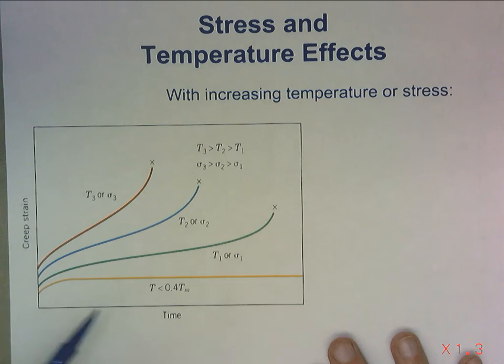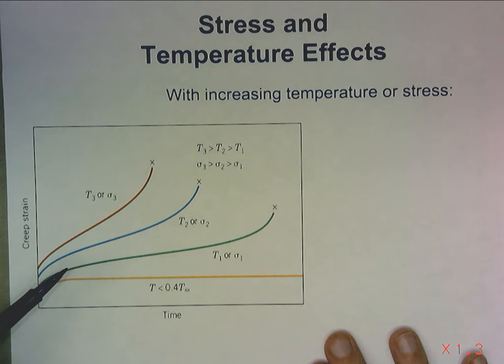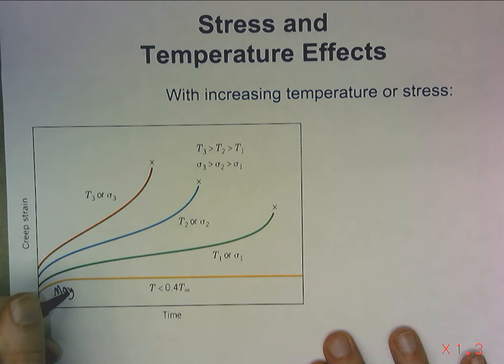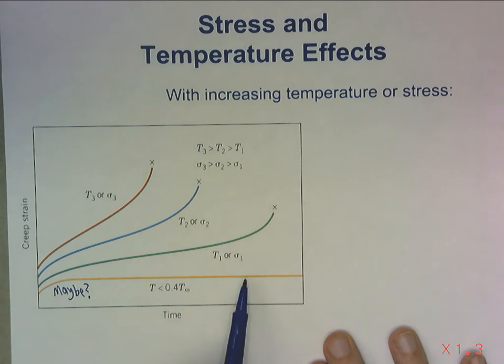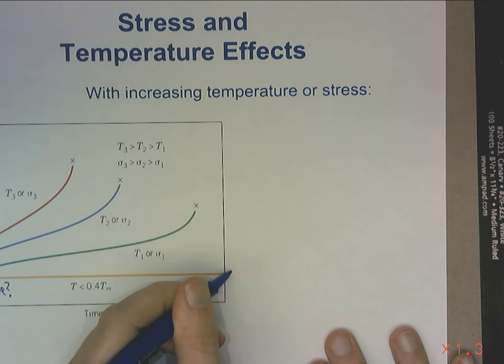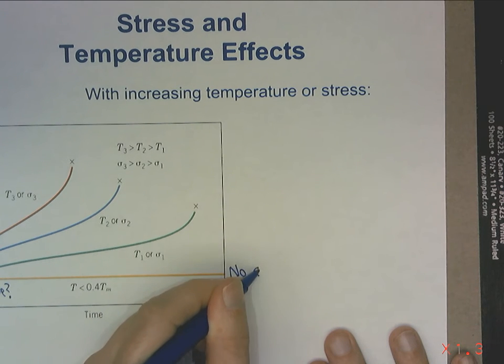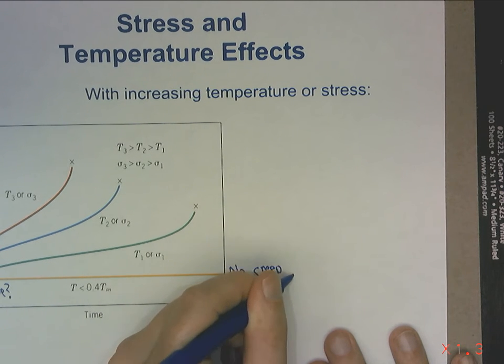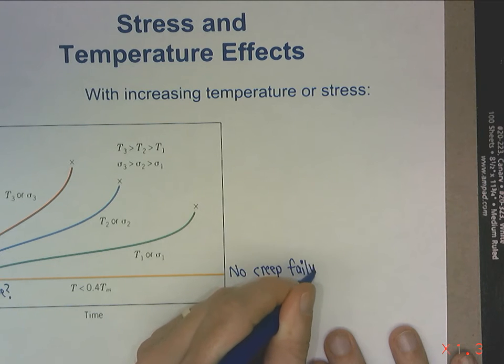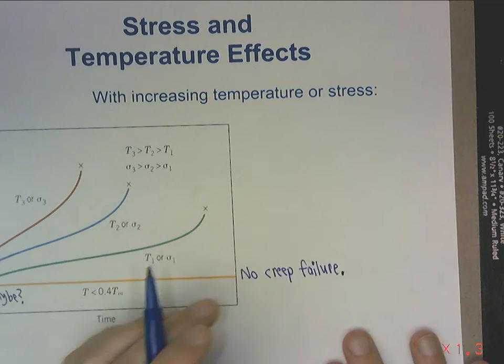This isn't real data with real numbers. It's just trying to show the behavior. We may get a little bit of creep to start. Maybe. Maybe not. Okay, but then here, this should go on and not experience creep failure. Hey, that's a good thing to know.